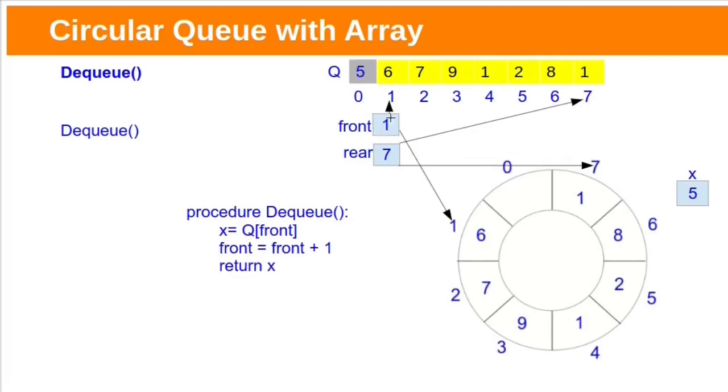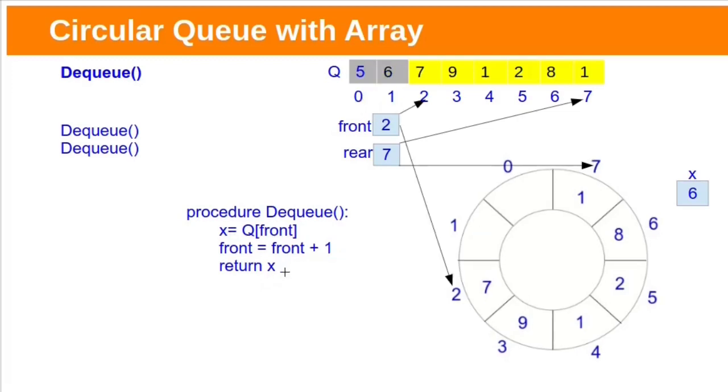Then we need to increment front, because front should point to the least recently added item in the queue. So add this statement, then return the element at the previous front. Now front is at index 1, so previous front means 0. We already stored the element at index 0 in the variable x, and that x will be returned here.